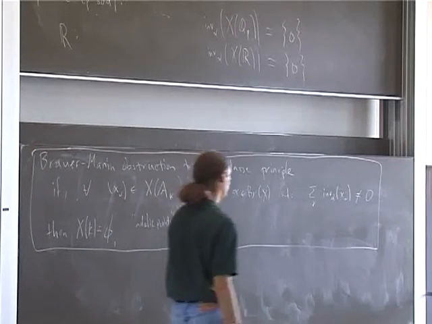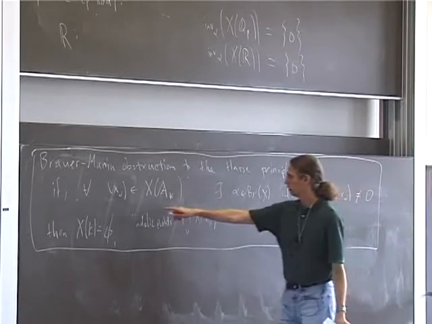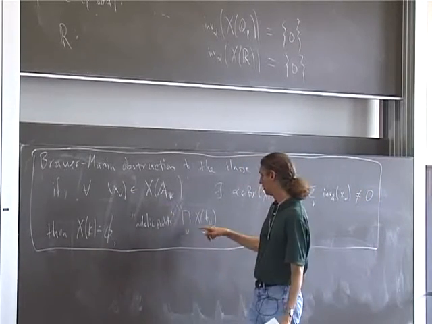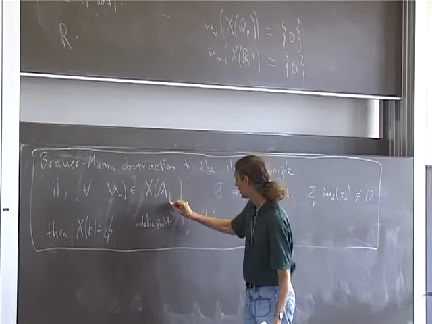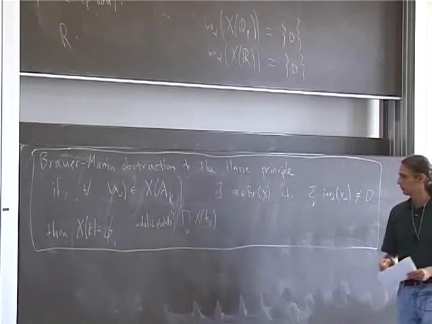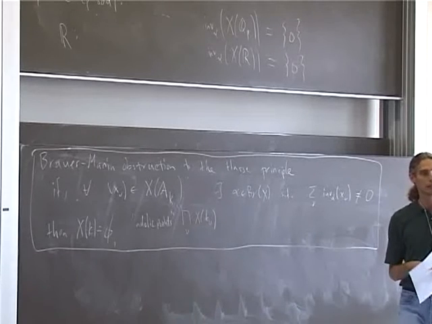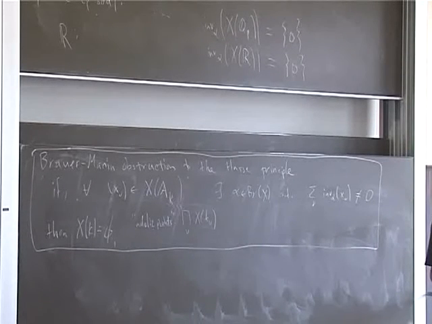Oh, alpha's in the Brauer group of K again. Okay, so where? Here? Yeah. That's a nu. No, oh, that's a k. Yeah, well, at least one.